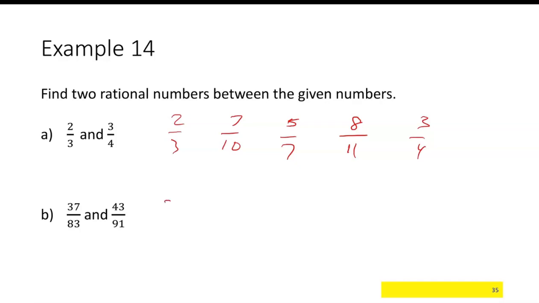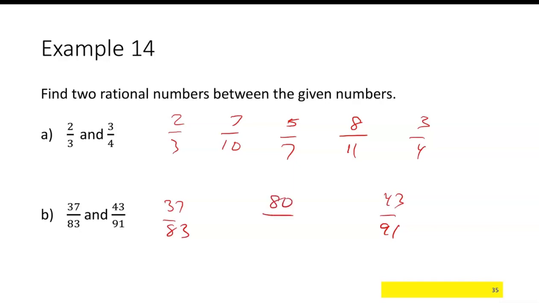If we want to do it between 37 over 83 and 43 over 91, well, I certainly would not want to find the least common denominator for this one. I guess it can work, but it's simpler just to add the numerators together. So 37 plus 43 is 80.